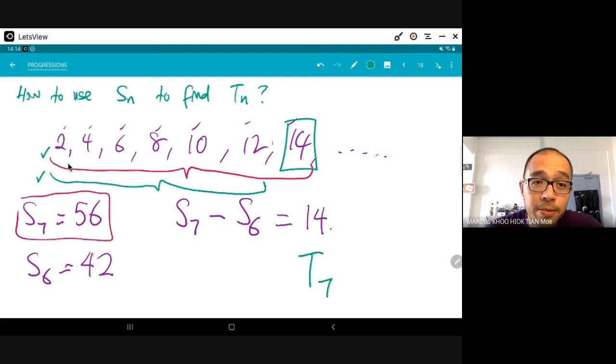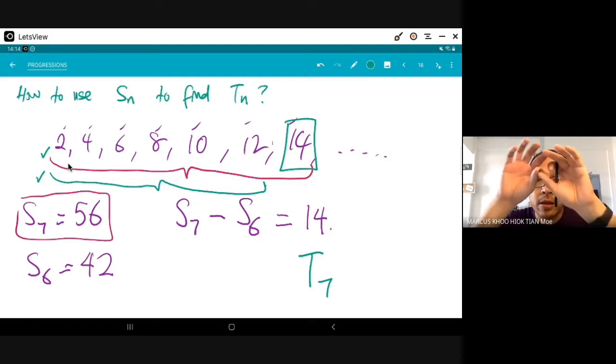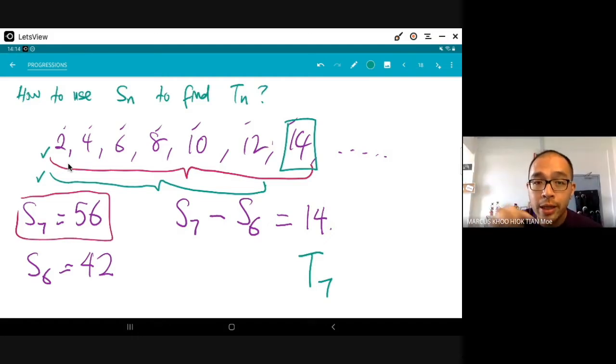Take it slow guys. Bila kita tolak 7 nombor, tolak dengan 6 nombor, we will get the value of the 7th number. I repeat, we add all 7 numbers, we add all the 6 numbers. When we minus the 7 numbers with the 6 numbers, we will get the value of the 7th number.